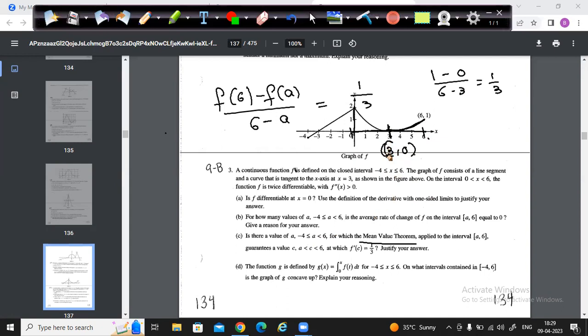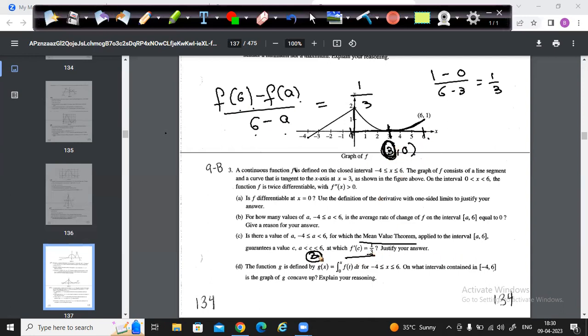Yes. So if the value of c is 3, you can see that f of 6 minus 0, 1 minus 0 by 6 minus 3 is 1 by 3. Yes, according to the mean value theorem, because the function is continuous from 3 to 6, and it is also differentiable from 3 to 6. And if the value of c is equal to 3, f dash of c is equal to 1 by 3.